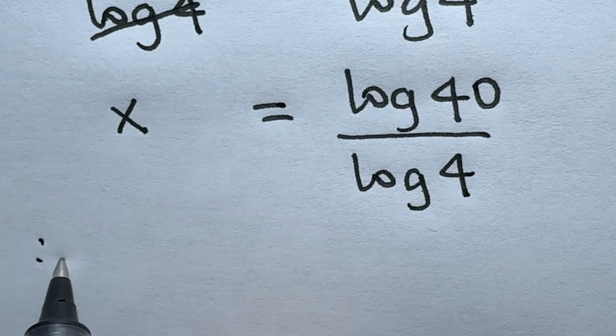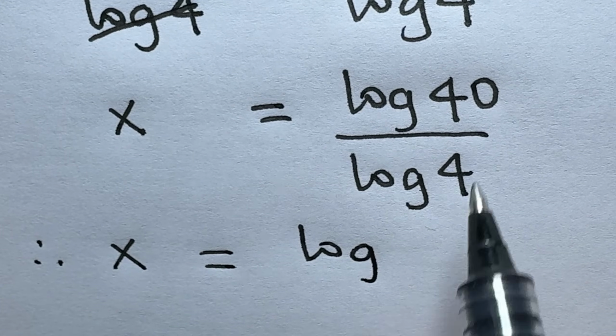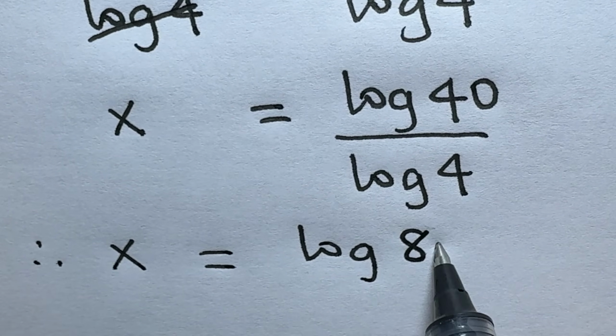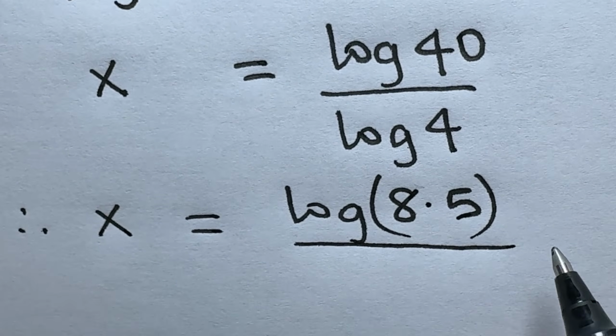Then I can write this as x is equal to log 40 is 8 times 5, then divided by log 4.